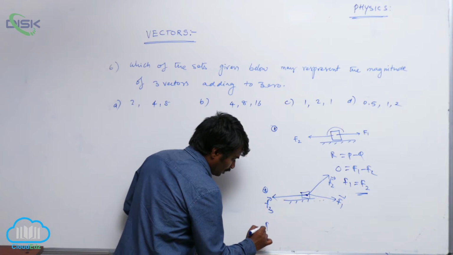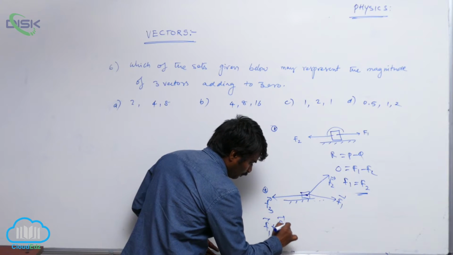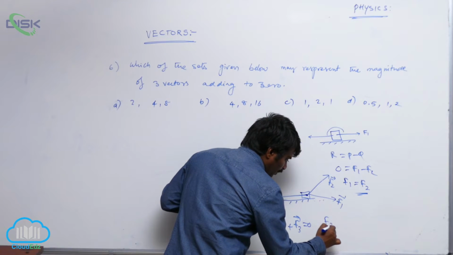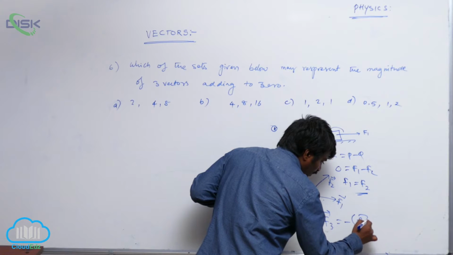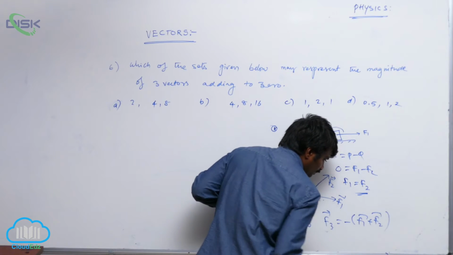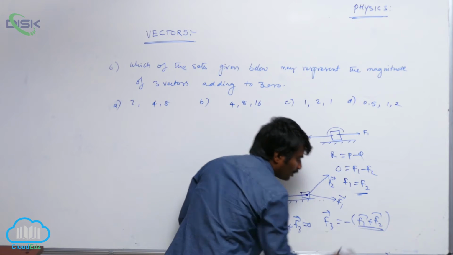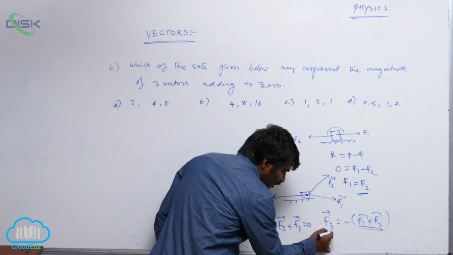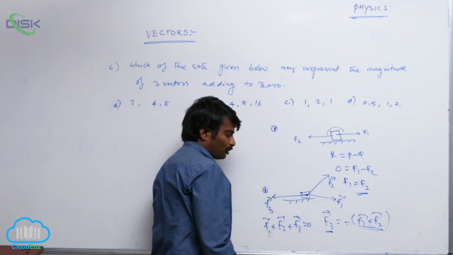That is F1 bar plus F2 bar plus F3 bar is equal to 0. So F3 bar is equal to minus of F1 bar plus F2 bar. So F1 bar plus F2 bar is the resultant of F1 bar and F2 bar.